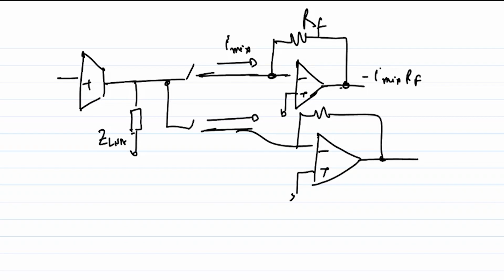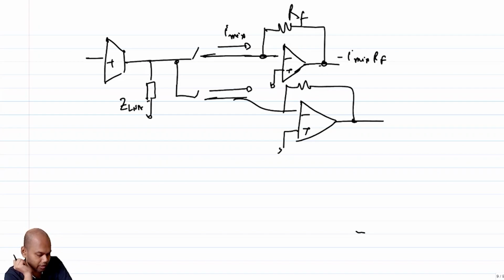But now what about filtering? Note that we have not yet bothered about filtering till now, and we have just simply assumed that the filtering can be done some way or the other, right? So now let's talk about filtering in a slightly different way. Let's say we do not have this op amp.